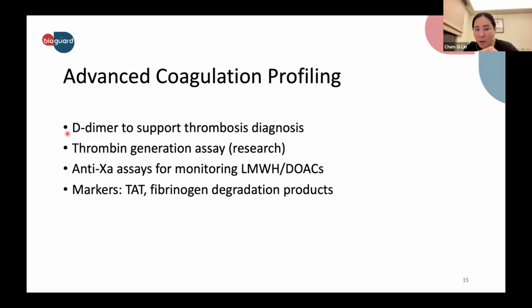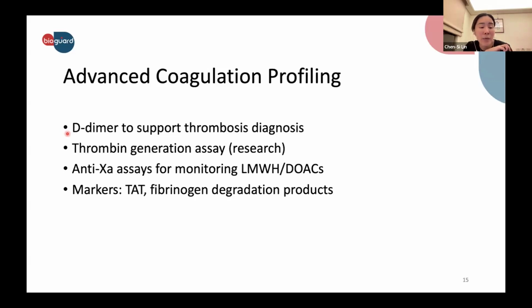Some new tools still in research include the thrombin generation assay, which measures thrombin bursts and helps us monitor the procedure and the concentration of thrombin.